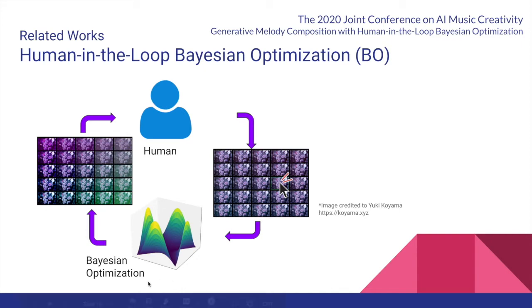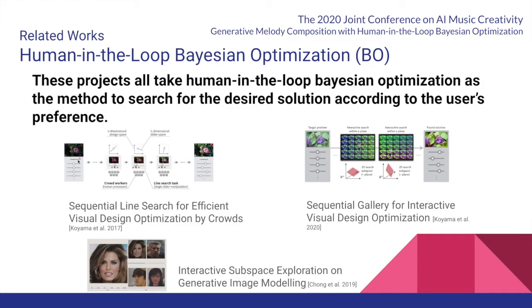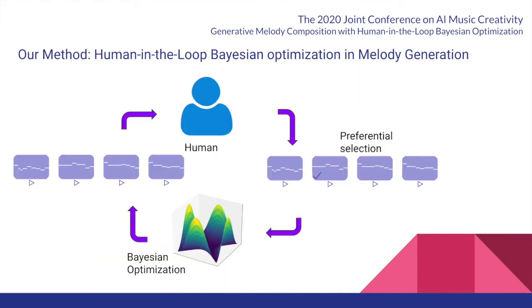If you are interested in it, please refer to Koyama-san's paper for details. And these projects all take human-in-the-loop Bayesian optimization as the method to search for the desired solution according to the user's preference.